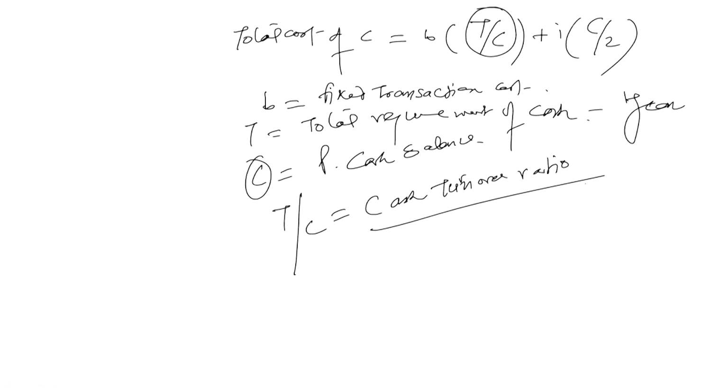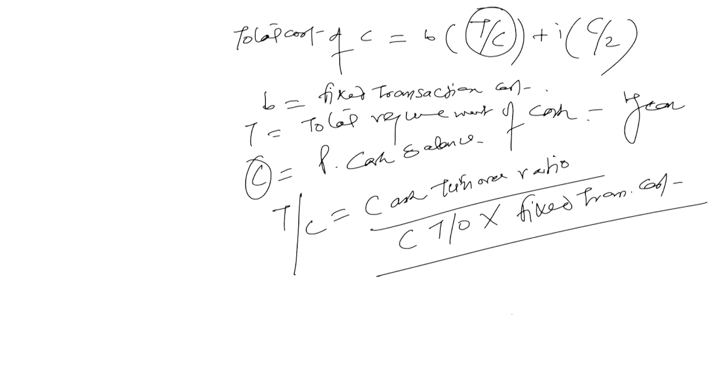There we apply the fixed cost. So cash turnover into fixed transaction cost is the first part of this equation, that is B into T by C.